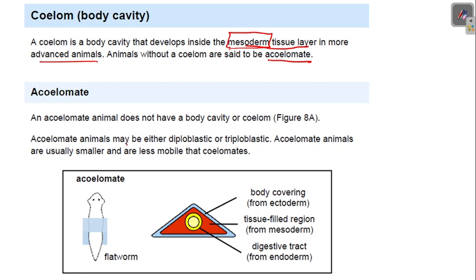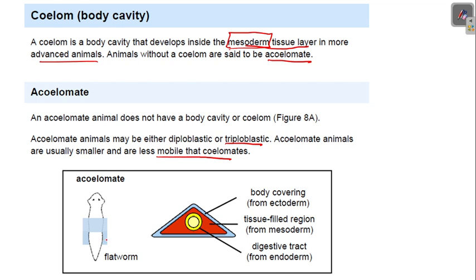Acoelomate animals or organisms may be either diploblastic or triploblastic. So it is possible for them to be triploblastic. Acoelomate animals are usually smaller and are less mobile than your coelomates. Good. A good one would be your flatworm.